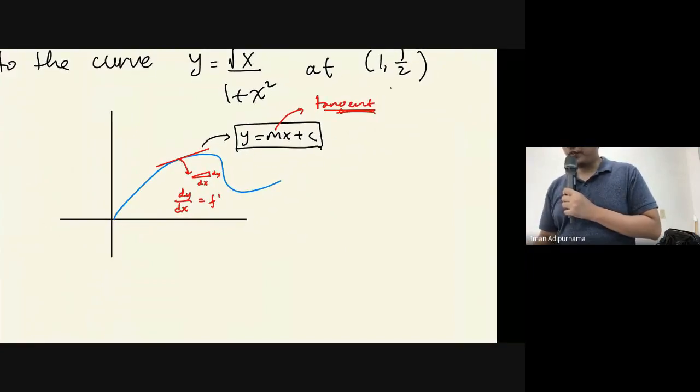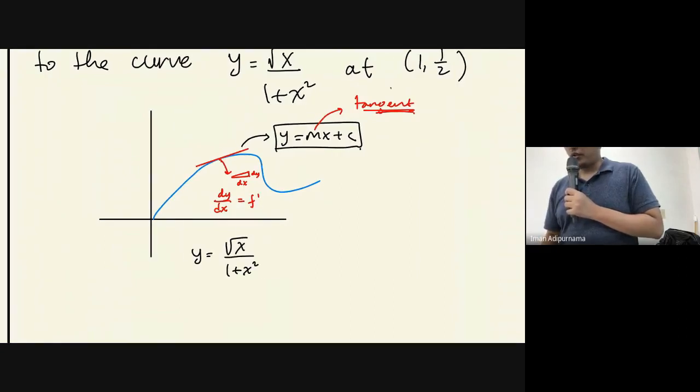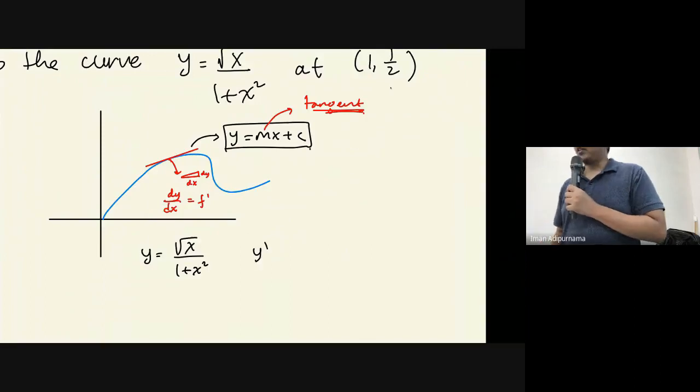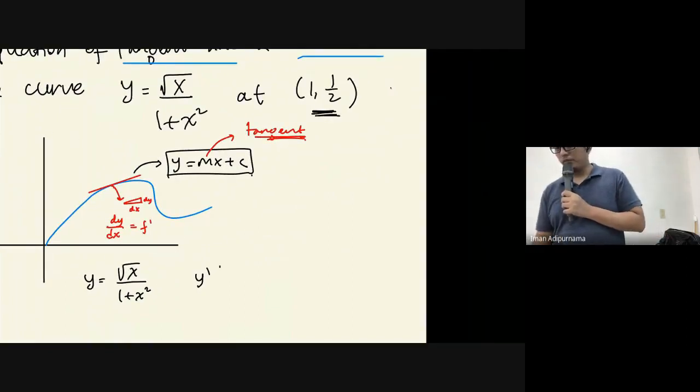So if your function is square root of x over 1 plus x squared, you need to find the first derivative, and because the point is already specified, 1, 0.5, you need to plug in x equals 1.